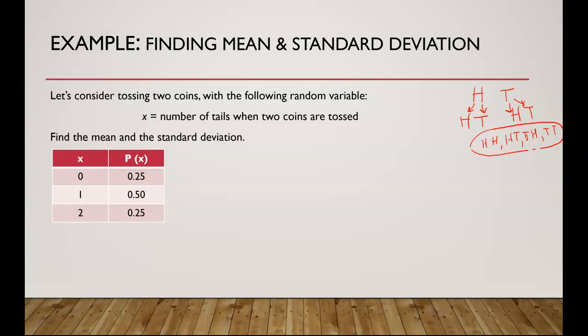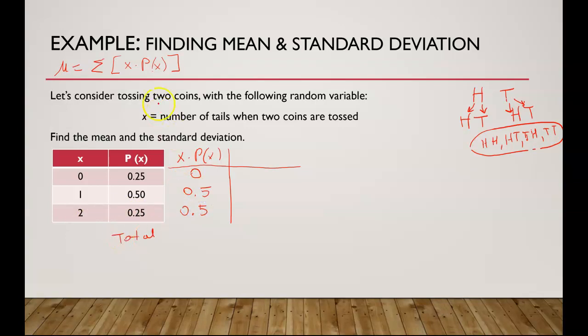Let's find the mean and the standard deviation. I'm going to use the following formula to find mean. Mu is equal to the sum of the product of each value of the random variable multiplied by its probability. So I'm going to build an extra column that would represent the product of the value of the random variable times its probability. 0 times 0.25 is 0. 1 times 0.5 is 0.5. 2 times 0.25 is 0.5.